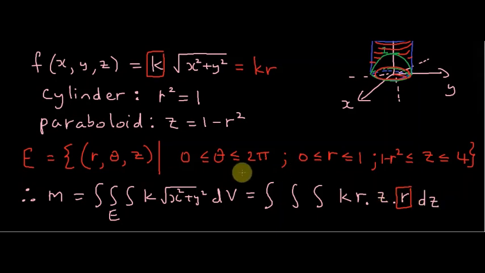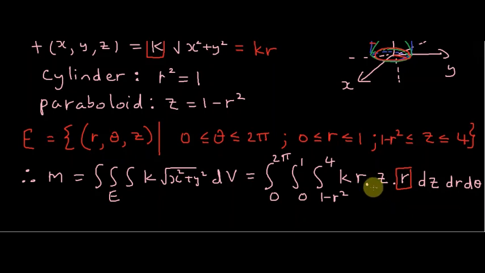Now, both theta and r are bound by numbers, so it doesn't matter which one is on the inside and which on the outside. So theta goes from 0 to 2 pi, r goes from 0 to 1, and z of course goes from 1 minus r squared to 4.